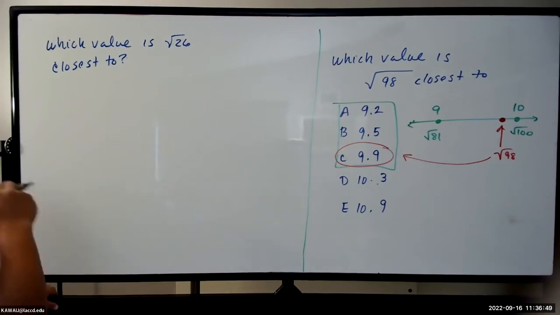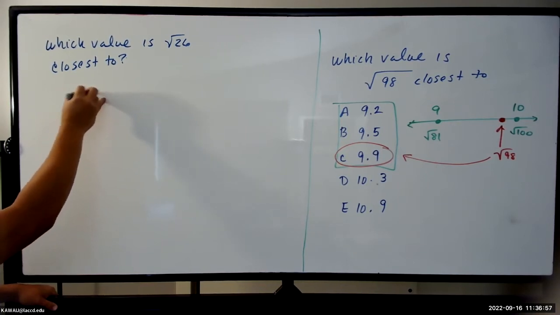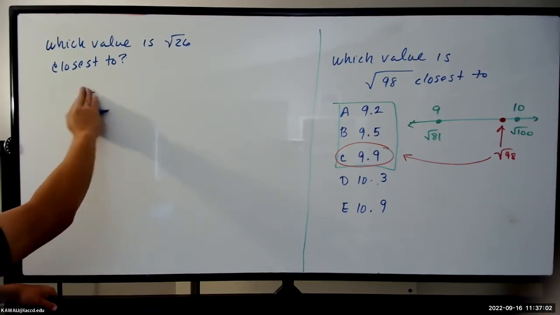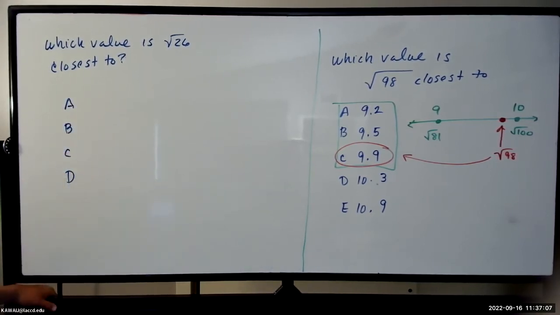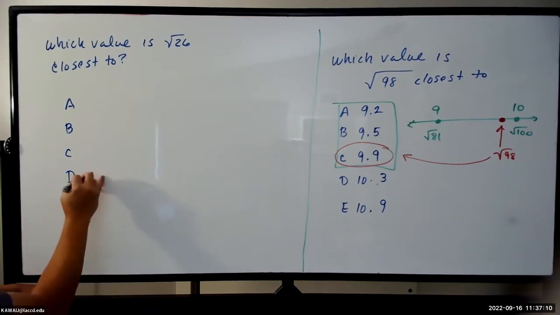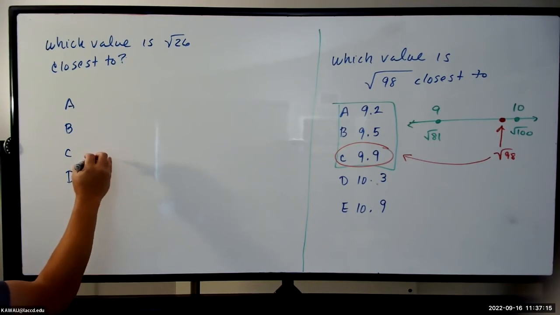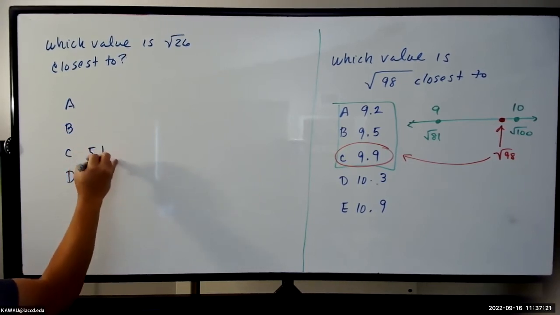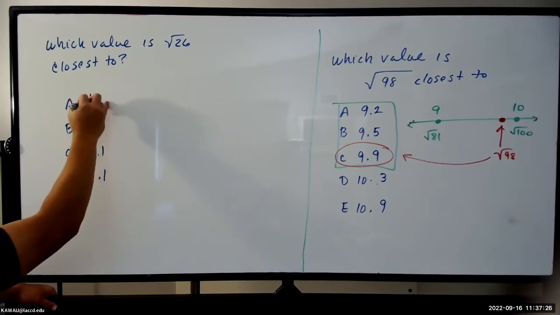Now we can look at the options, A, B, C, D. I'm going to have 6.1, 5.1, 5.3, 4.2.